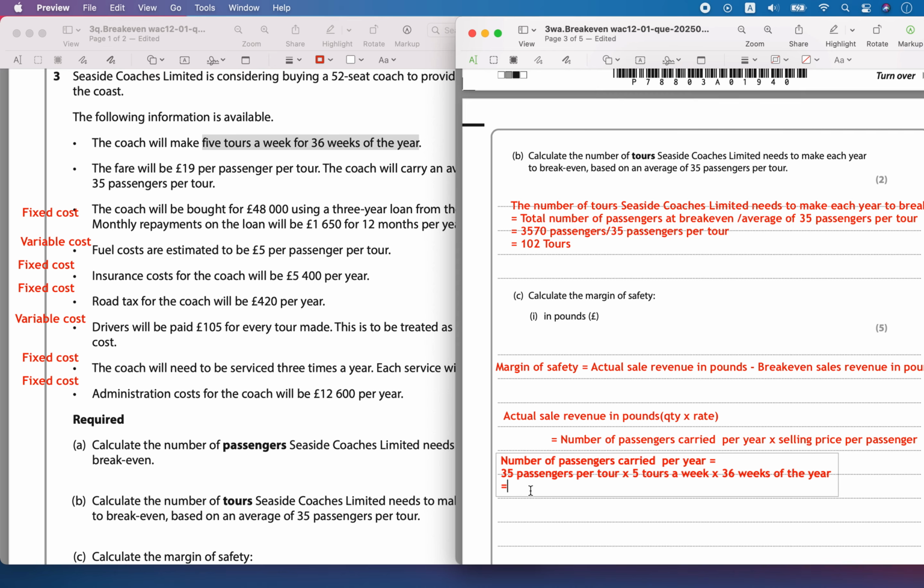Let's calculate the total: 6300 passengers are actually carried for the entire year.